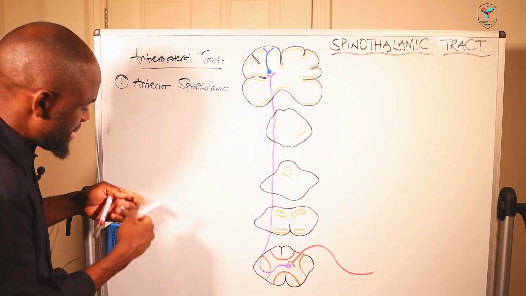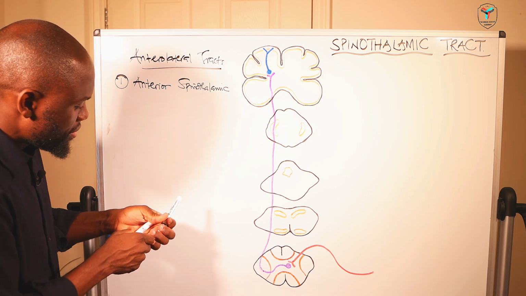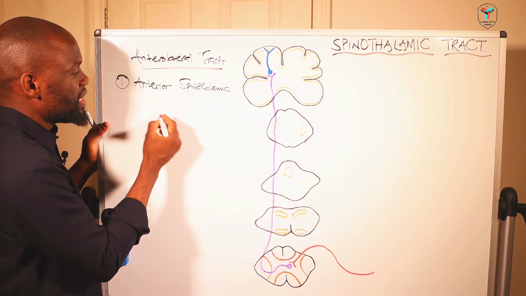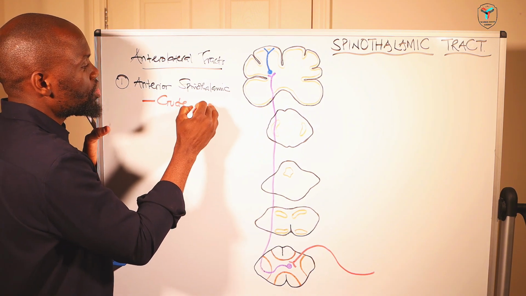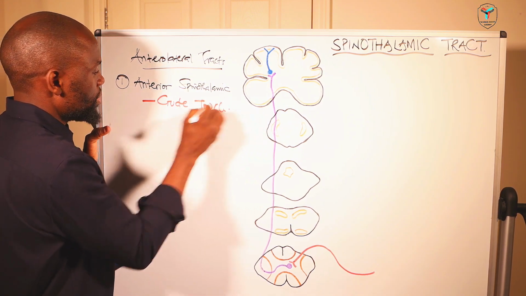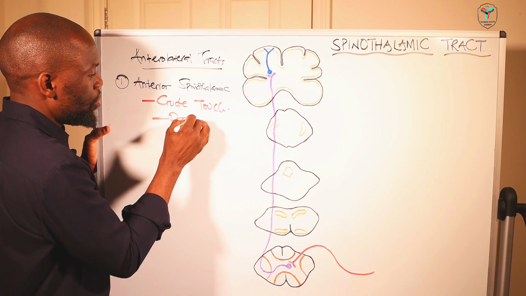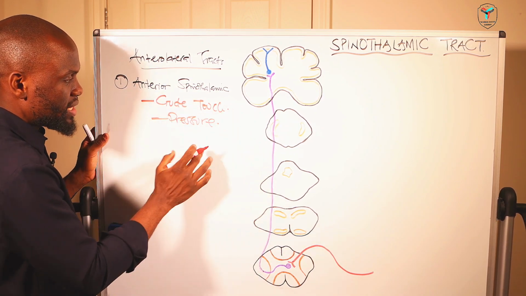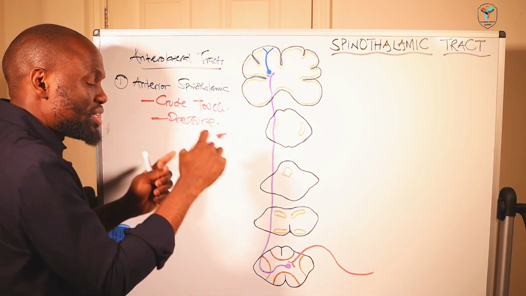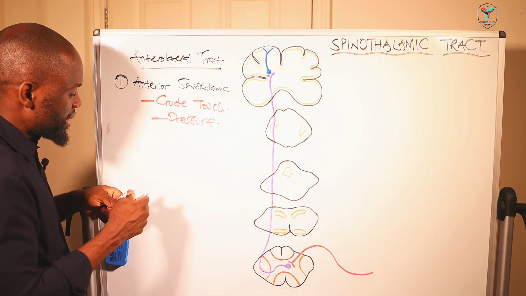What is it sensing? Or what type of sense does it transmit? So this one is going to transmit anything to do with crude touch. So we're talking about crude touch here, or pressure. Okay, so anything to do with crude pressure and touch is going to be transmitted through the anterior spinothalamic tract.